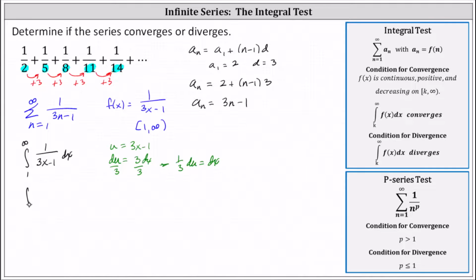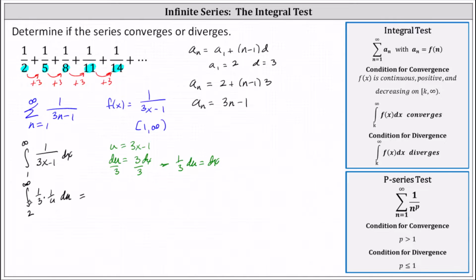We will leave the limits off for now because 1 and infinity are x values, not u values. We know the denominator is u, and dx equals 1/3 du, which gives us 1/3 times 1 divided by u du. And then when x equals 1, notice u is 3 times 1 minus 1, which is 2. And as x approaches infinity, so does u.